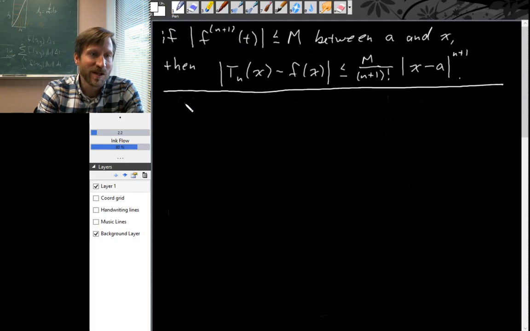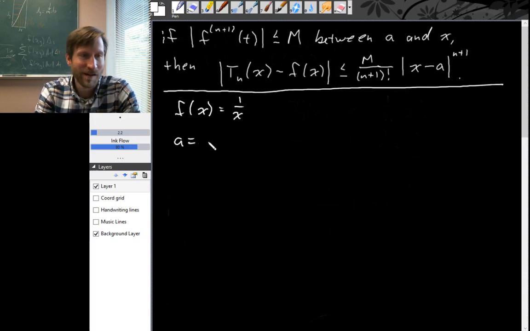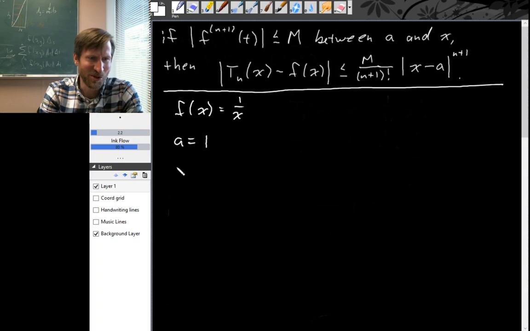This time we're going to let our function be 1 over x. Our base point is going to be 1. And our order, the order I chose, is 2.